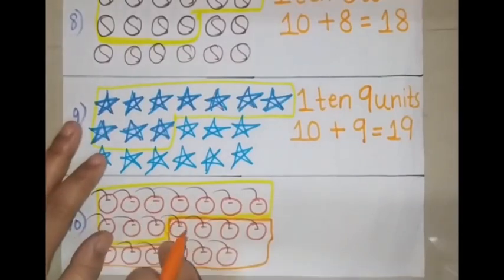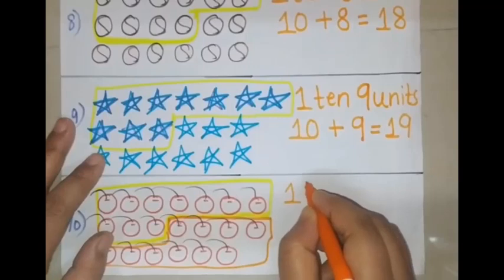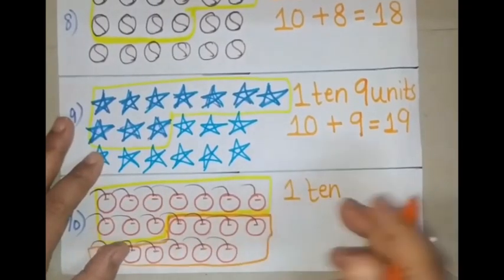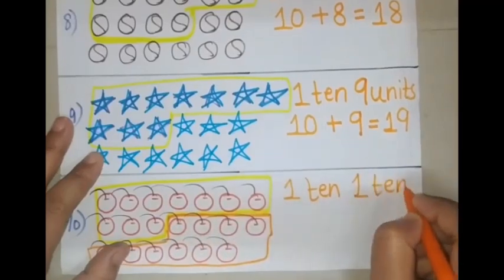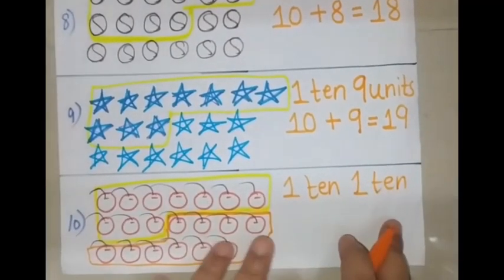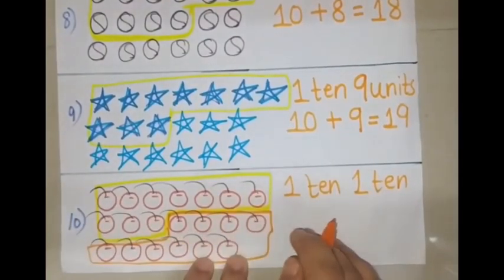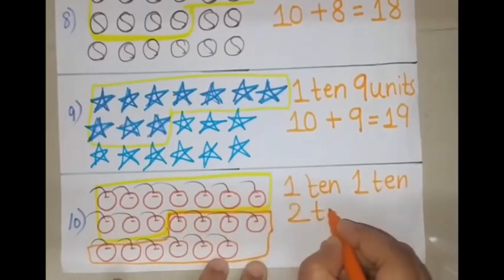So what will we write? We'll write them as 1 ten and 1 ten. Otherwise, the other way we can write is directly 2 tens.